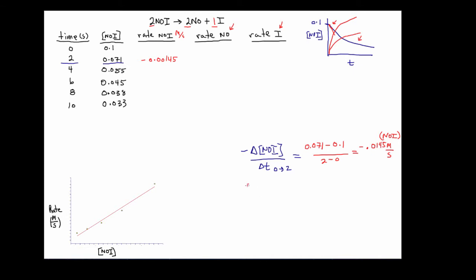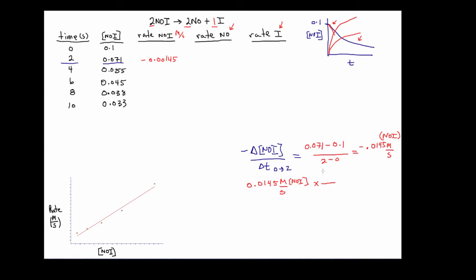I'm going to drop my negative sign now because we're finding the rates for the products which are being formed. And so here's our rate that we found for the NOI, and I'm going to go ahead and put a label on this. We're going to treat this as if it was like a theoretical yield problem or a limiting reactant problem. So we're going to multiply this by the ratio from the balanced equation.